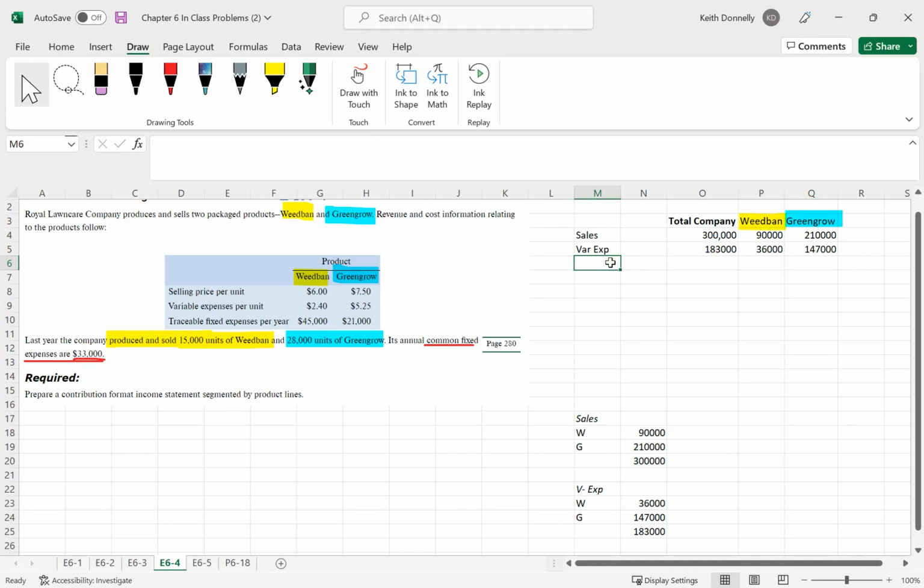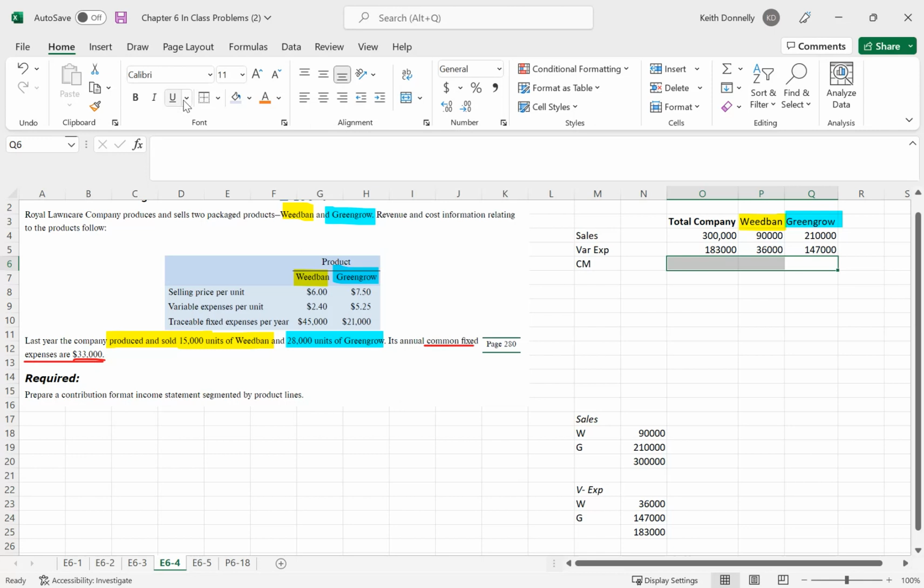It's going to get us our contribution margin. Next thing we got to back out here are our traceable fixed expenses.